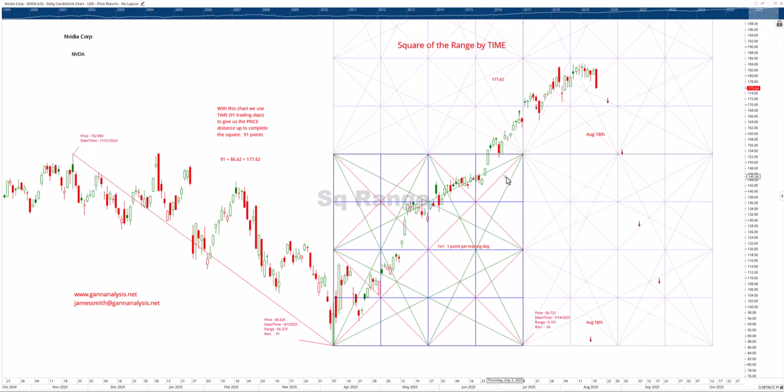You can really get crazy with it if you want. But the most common way to square it would be by price and by time. And any given stock, you could probably try it and see how it works. And you probably have to change the 1-by-1 scale, what they call the price unit, and work with it to see what happens. But that, in a nutshell, is how you would square the range by time and price.